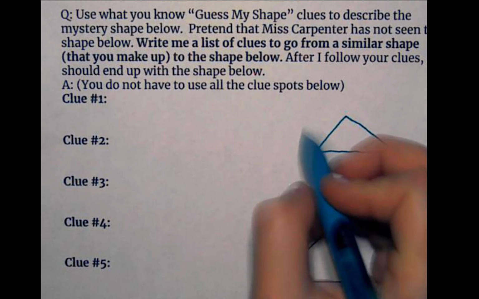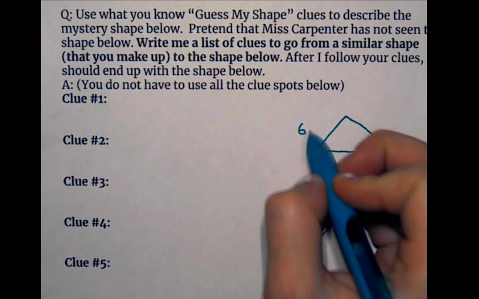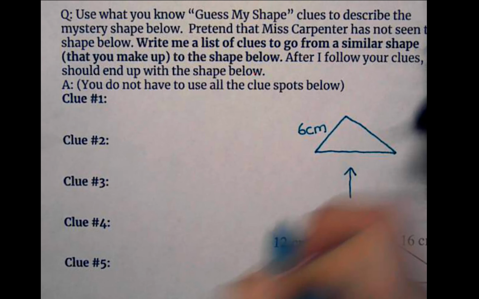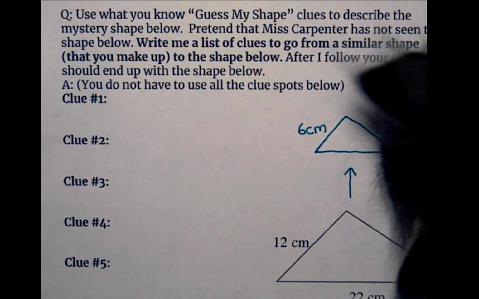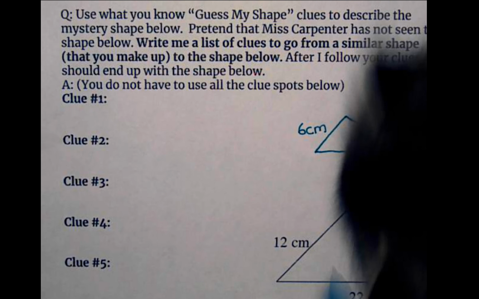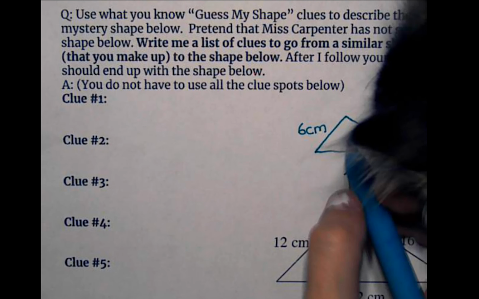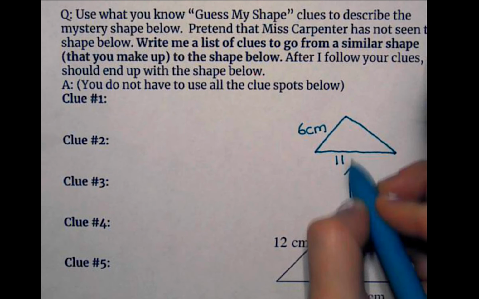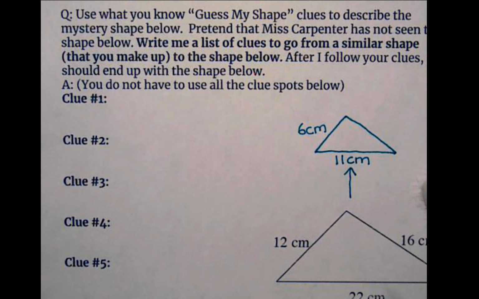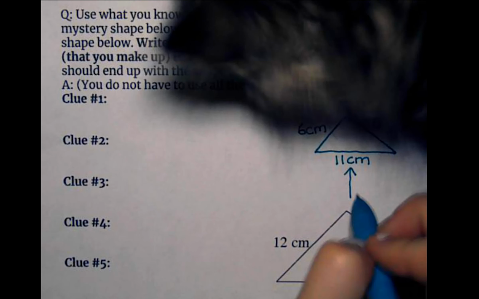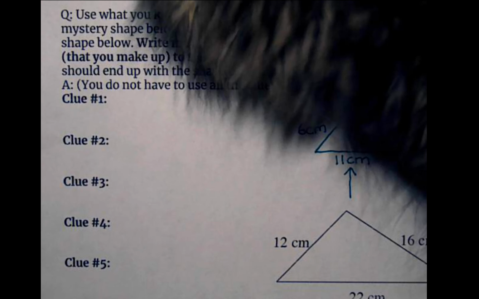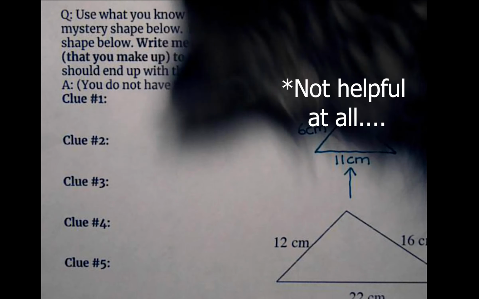Okay. So 6 centimeters. And then we have, oh, she agrees. Yep, checking my work. And then we have 11 centimeters. And then we have 8. There she goes. She's checking over all our work, guys. She's so helpful.